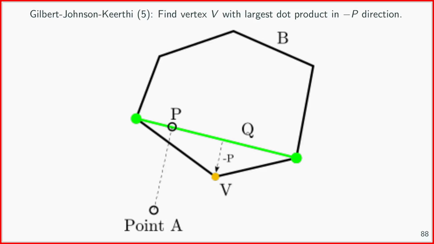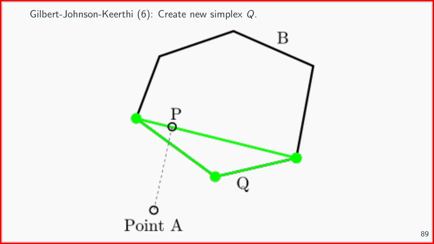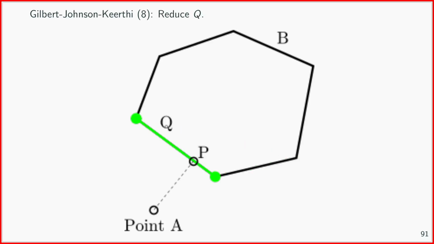And then we go in the direction of minus P here to find the next vertex, which is in the direction of point A. This creates, again, another triangle. And we just repeat the same steps again. We try to find the nearest point from A to P. Once we find it, we try to reduce the triangle.